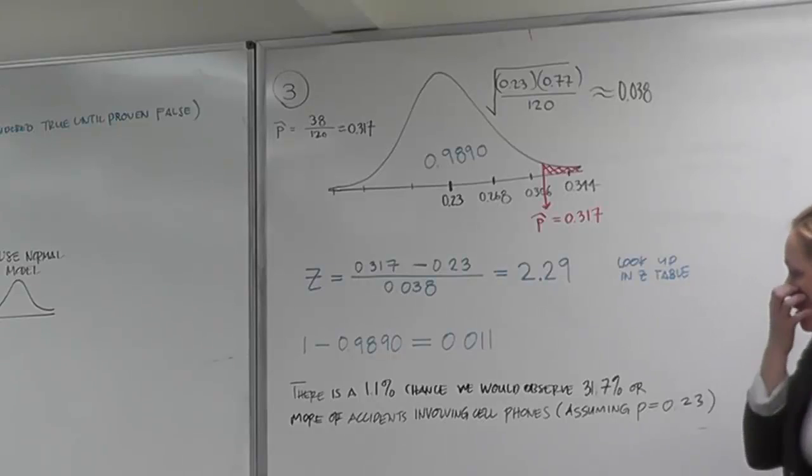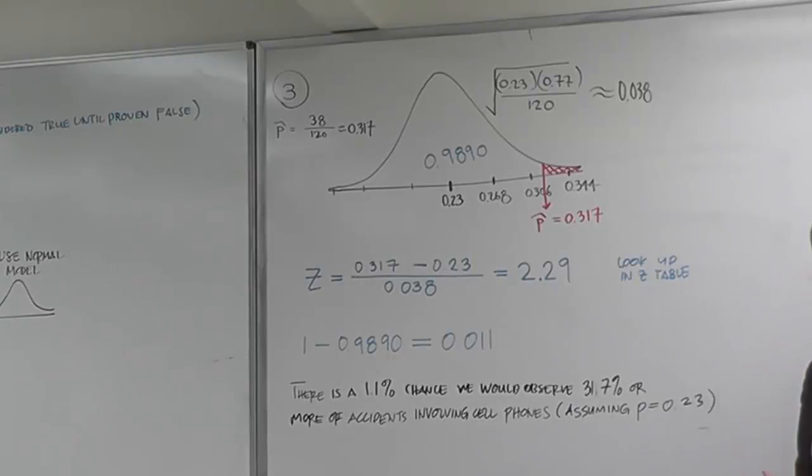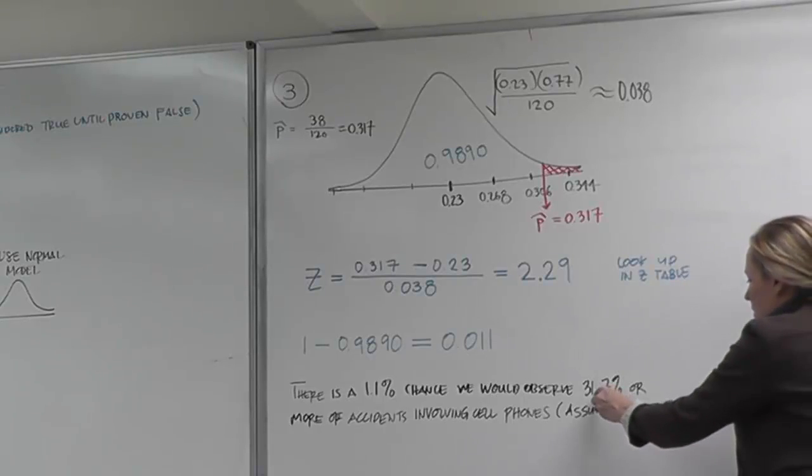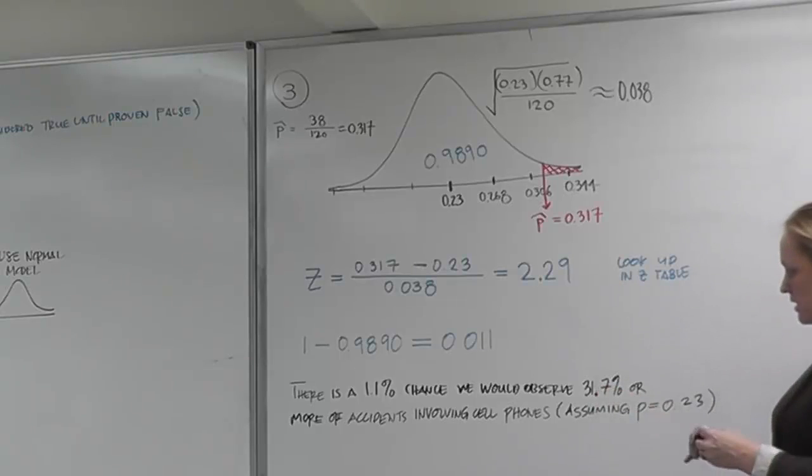So there's a 1.1% chance we would see this sort of proportion of 31.7% or higher of accidents involving cell phones. And that's assuming that P is equal to 0.3.